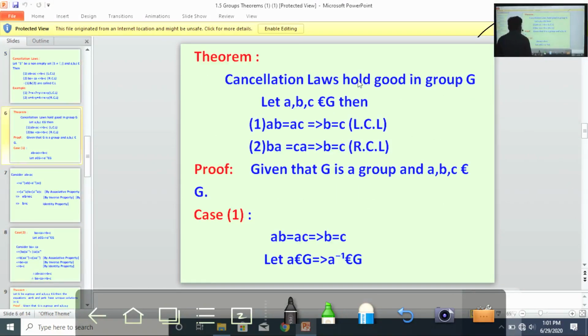Now we discuss a theorem. What is the theorem? Cancellation laws hold good in a group.